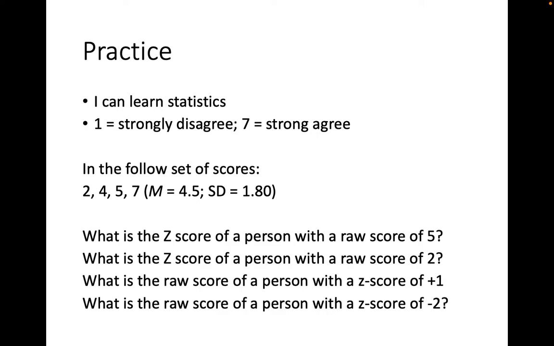Use this information to determine the z-score of a person with a raw score of 5, as well as a raw score of 2, and then work backwards and figure out what is the raw score of a person that has a z-score of +1, and then a raw score that is associated with a z-score of -2. Go ahead, pause the video, work through those calculations, and I'll show you answers in just a bit.